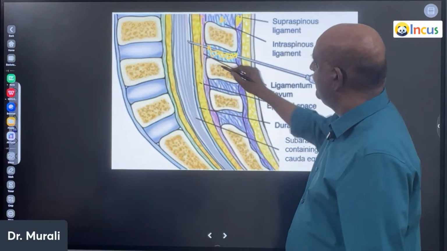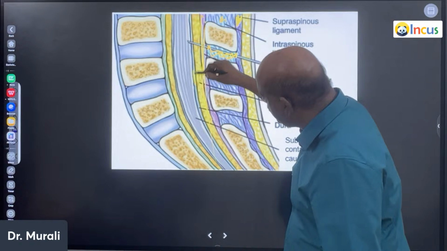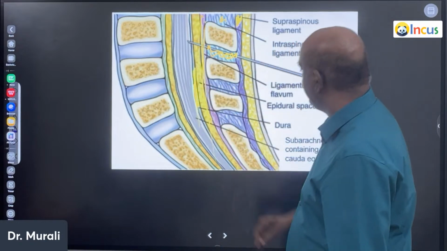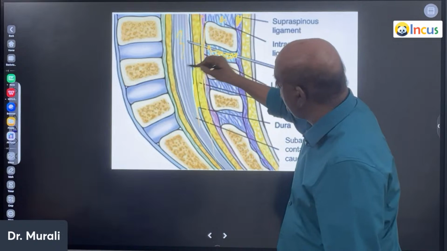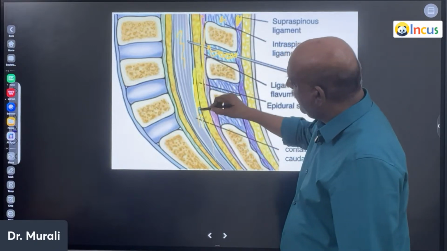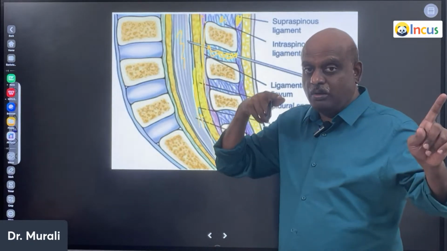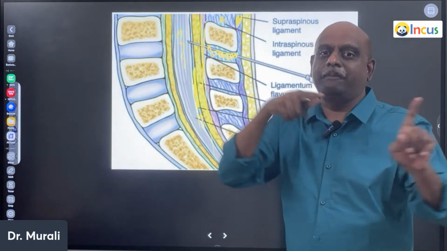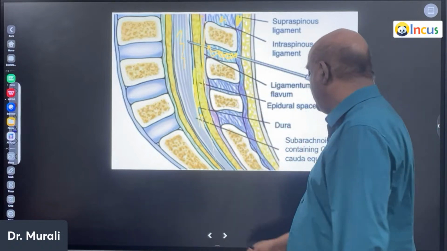This is the dura mater, and then you have the subarachnoid space which contains the fluid, CSF. So you should know the various layers through which the needle will pass during epidural puncture.